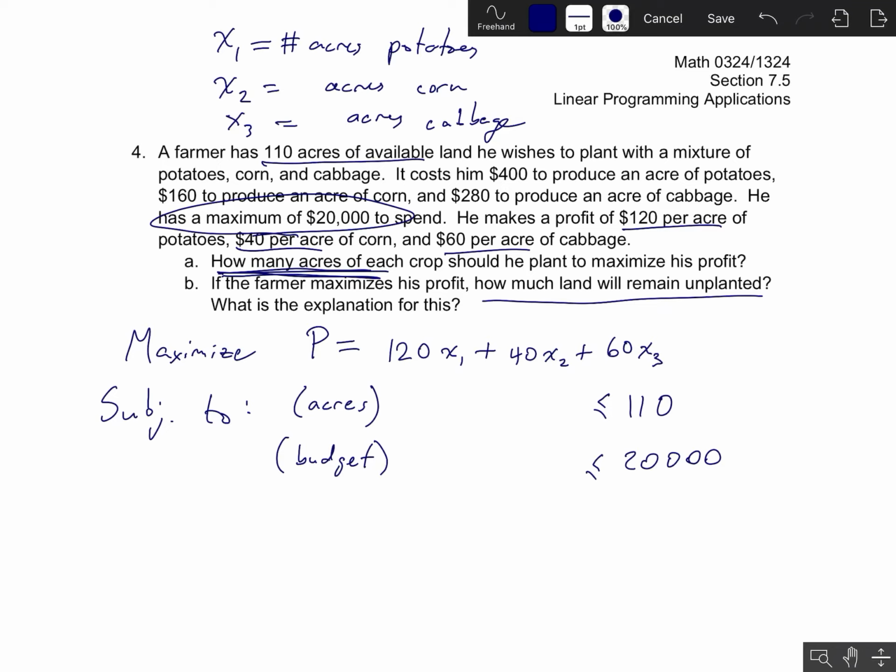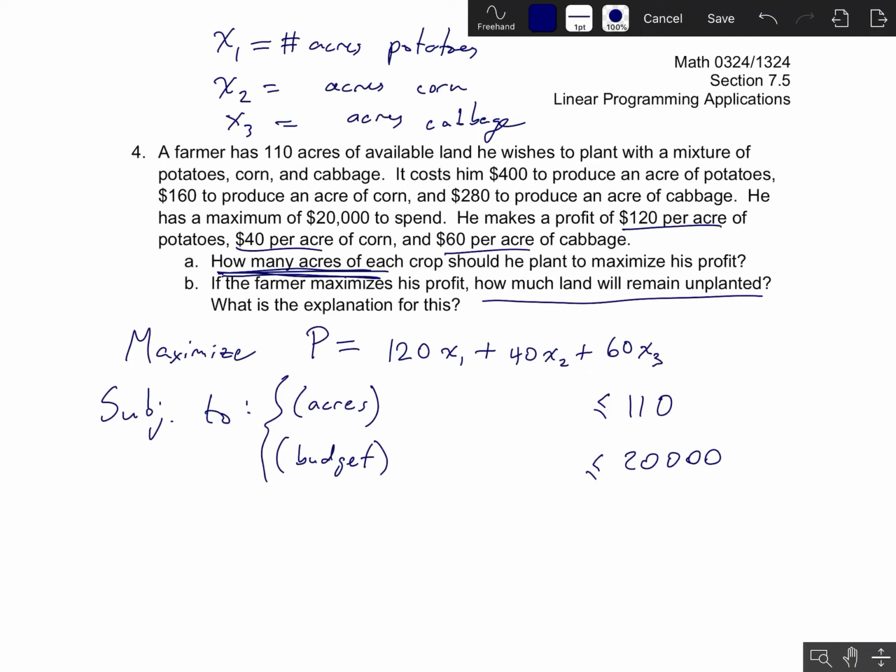And the thing that will end up being the objective function is just going to be whatever it is that we're told to maximize. So here we're trying to maximize profit, so we know that that expression for profit is just going to become our objective function. And because we have only a certain number of acres available and only a certain amount of money available, those two things, the acreage and the budget, should end up being these constraint lines instead.